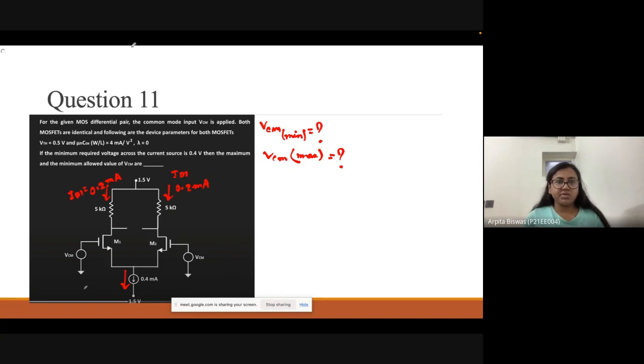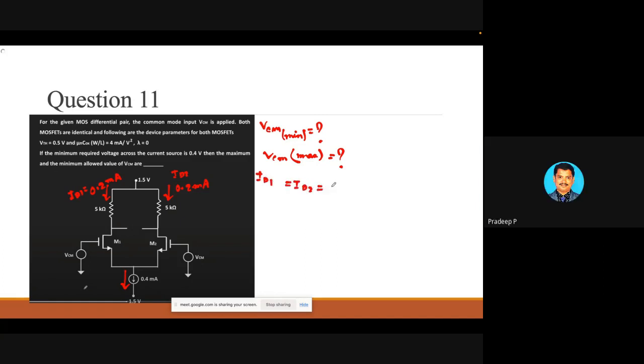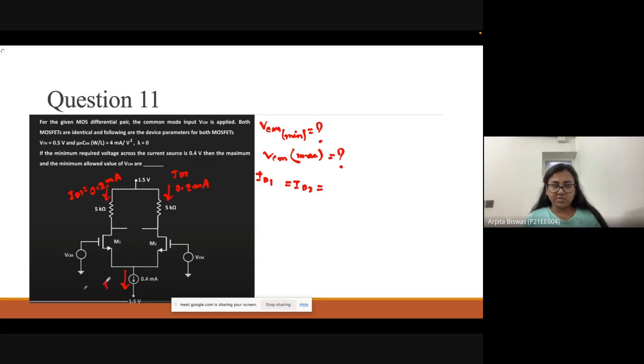So we are starting from here: ID1 equal to ID2, this value is ISS by 2 equal to 0.2 milliamps. To operate this circuit, all the device parameters are identical, and this is a current mirror circuit, and M2 and M1 are in saturation mode.